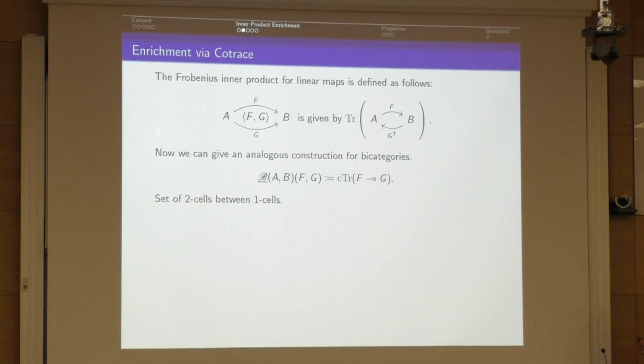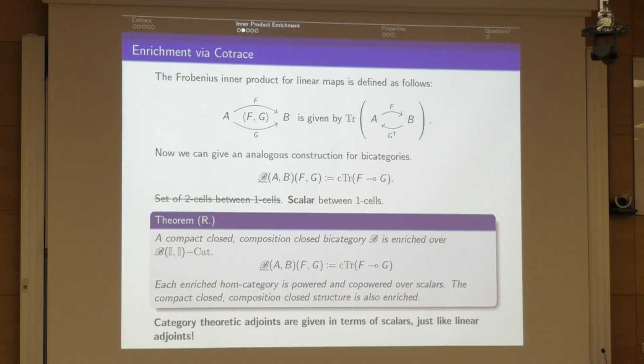And what this does is it essentially says, well, instead of having sets of two-cells between our one-cells, what instead we can get is a scalar. So we've got this scalar living between all of our one-cells. And this happens in a really nice way. So the statement of the theorem is that the bicategory B that you started with, you can actually just replace it with an enriched bicategory, where you're enriching over the category of scalar enriched categories.